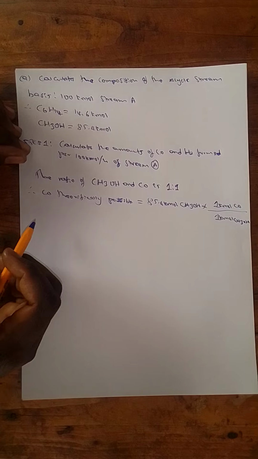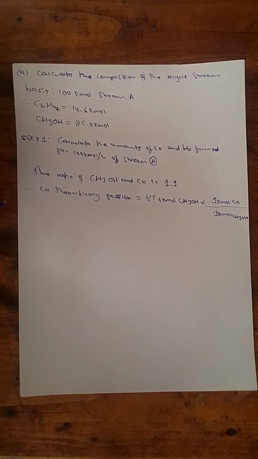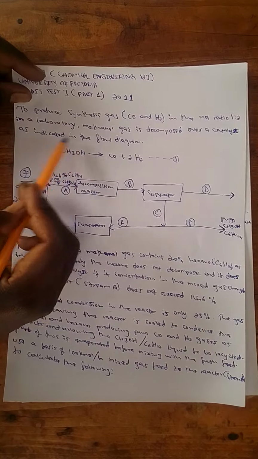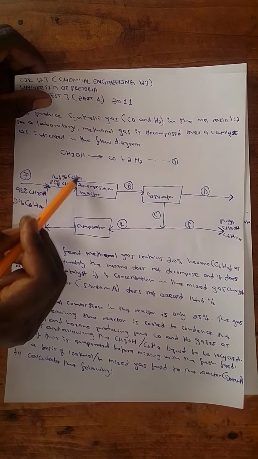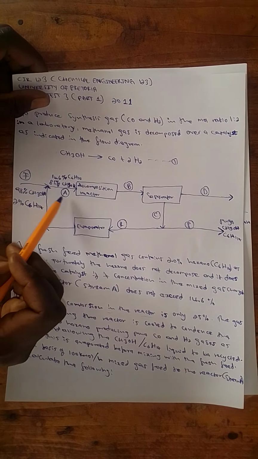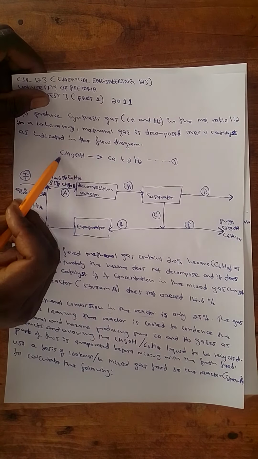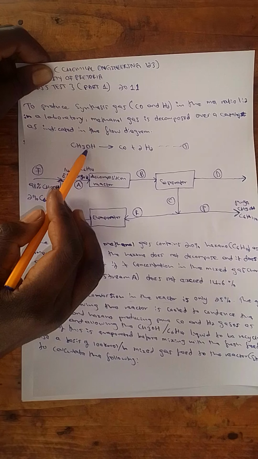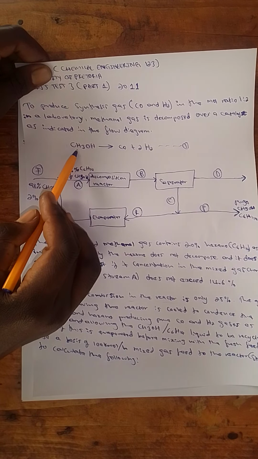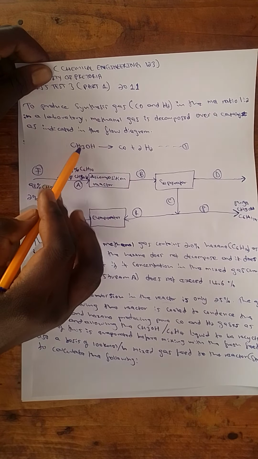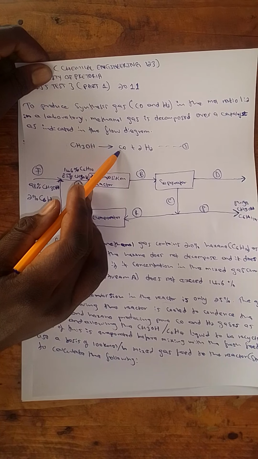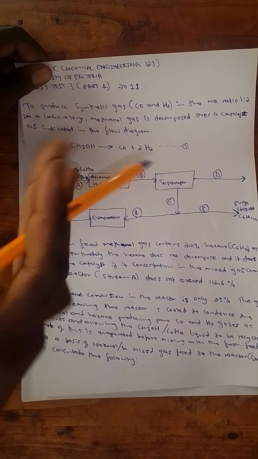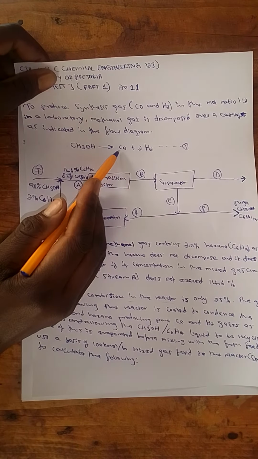So basically what I'm doing is that I know that from this reaction equation here, based on the 100 kilomole basis of stream A, CH3OH is actually 85.4 kilomole. And because of this reaction, if all of it reacts, we're going to have 85.4 kilomole of CO. That is actually the theoretically possible CO that can be produced.